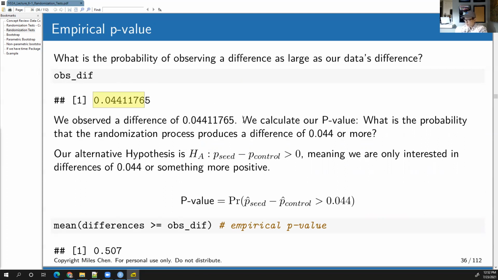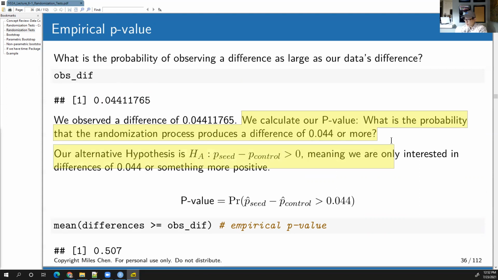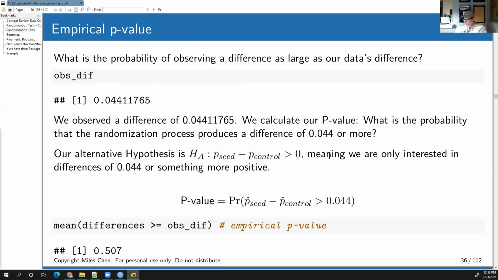And the question is, what is the probability that just randomization produces a difference of 4.4 percentage points or something more? Our alternative hypothesis is just, what's the probability that we end up getting a difference greater than 0? So we're only interested in differences of 4.4 percentage points or something more positive.